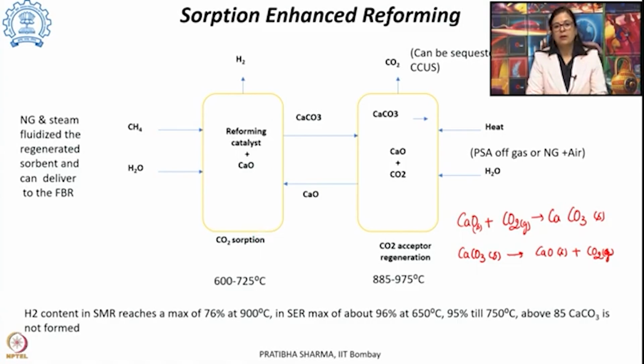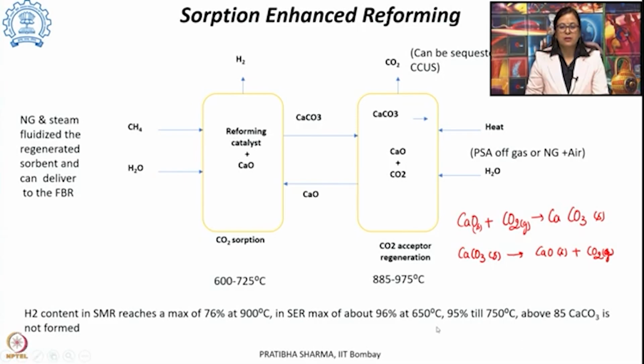Now if we compare with the conventional steam methane reforming process, in conventional steam methane reforming, a maximum of about 76% hydrogen was achieved at 900 degrees centigrade. However, in sorption enhanced reforming, 96% could be achieved under a reaction condition of 650 degrees centigrade.